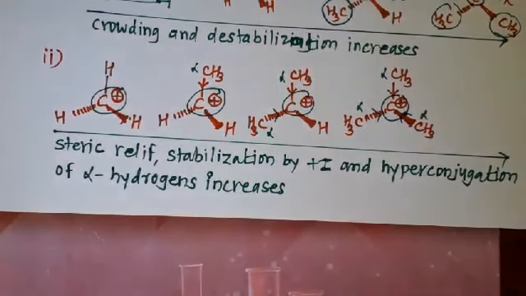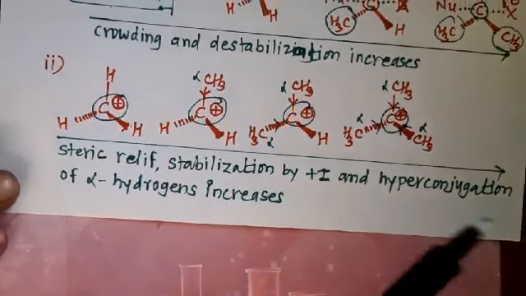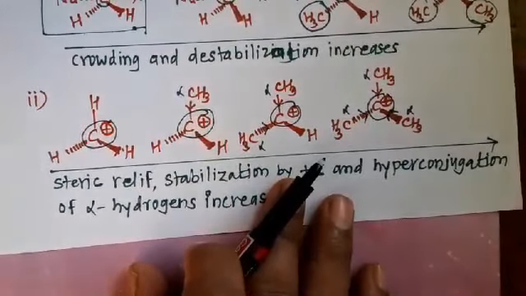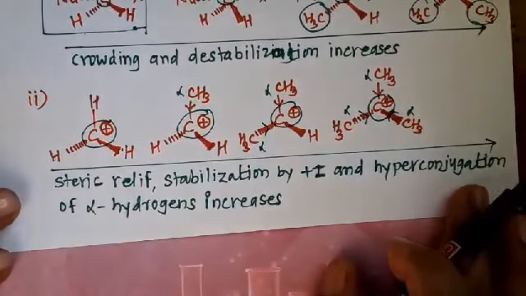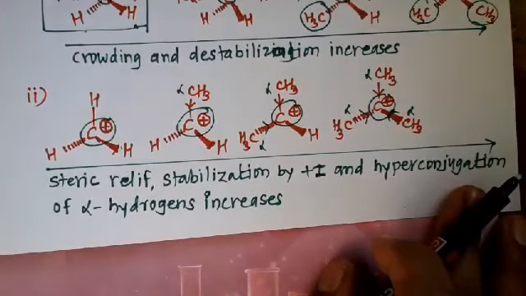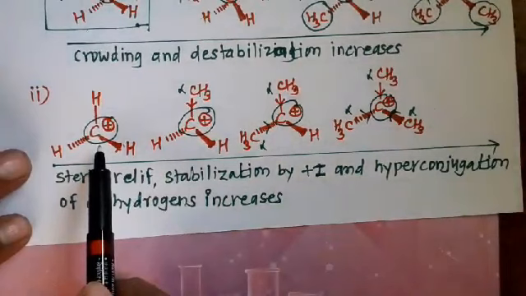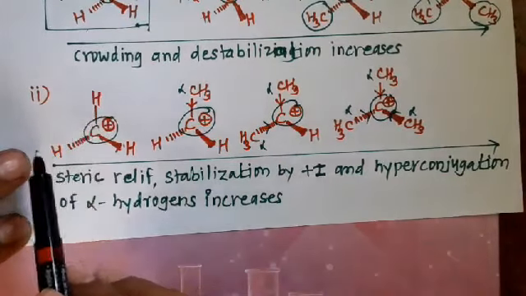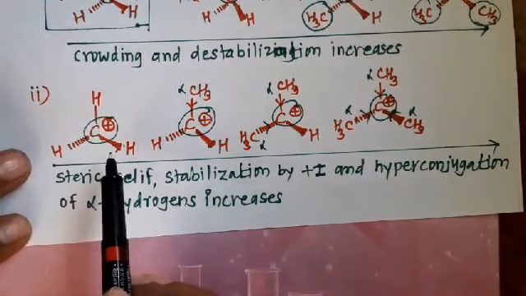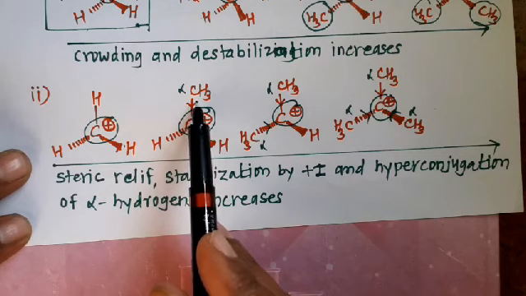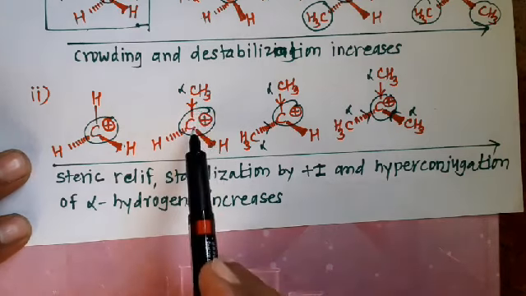Now we know that as alkyl groups increase, plus I effect and hyperconjugation also increase. Here in the first structure there are only three hydrogens, but in the second structure there is one methyl group attached to the carbocation.